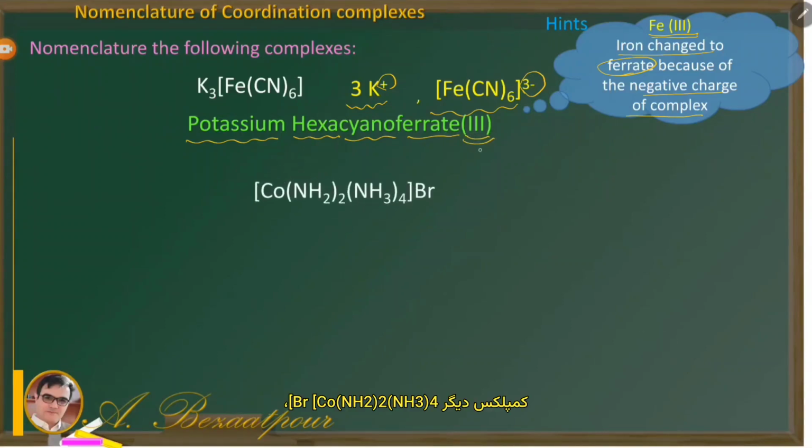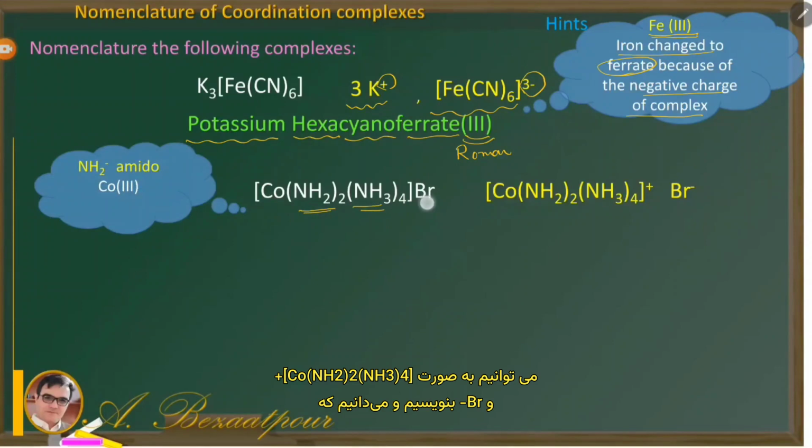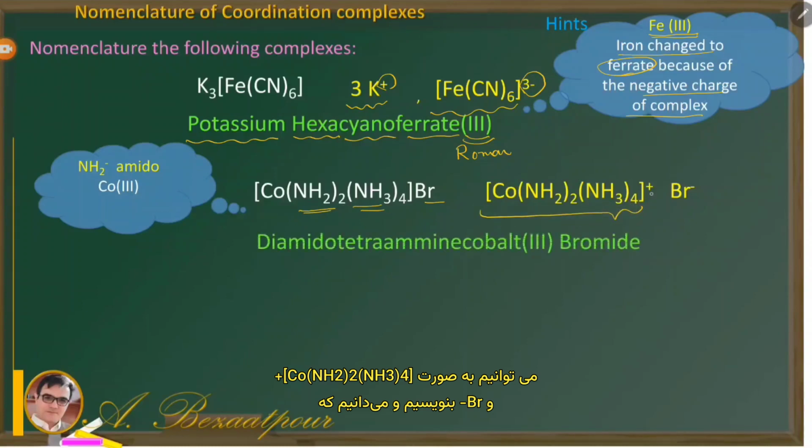And another complex, [Co(NH2)2(NH3)4]Br. We can write as [Co(NH2)2(NH3)4] with positive charge and Br with negative charge, and we know that the NH2 is amido and has one negative charge.